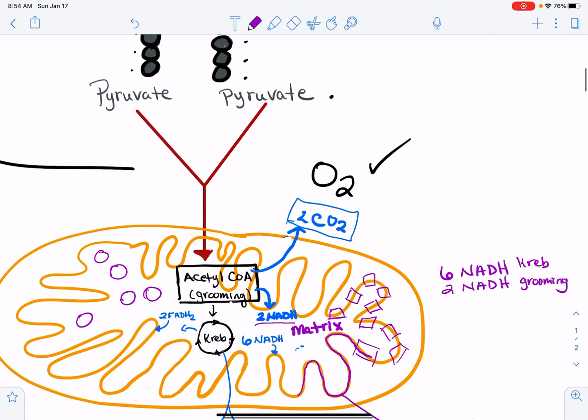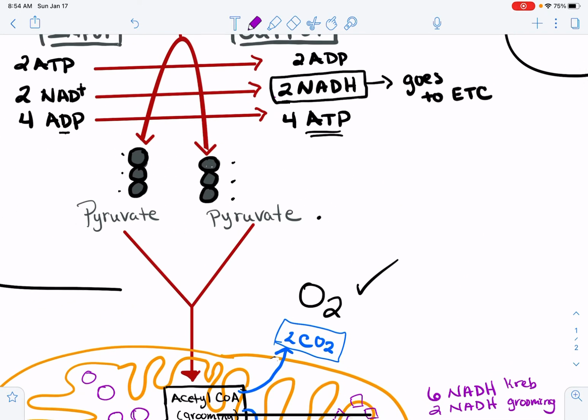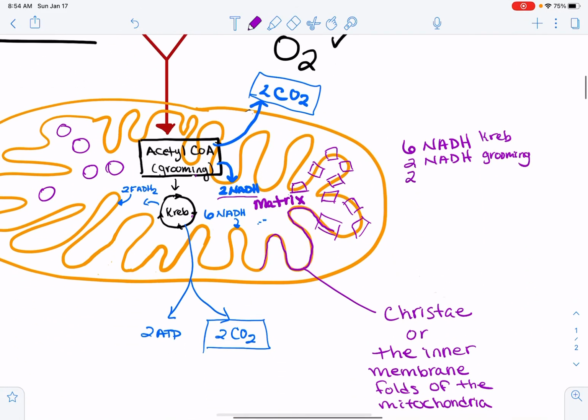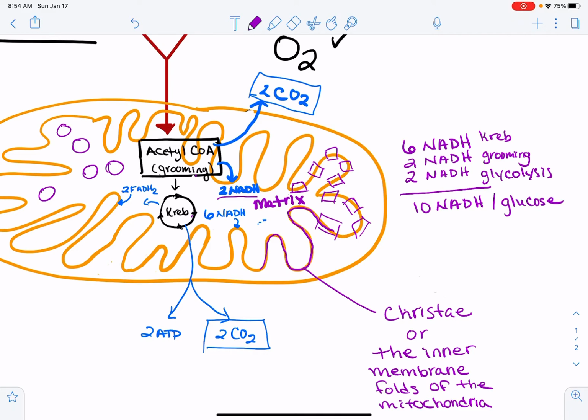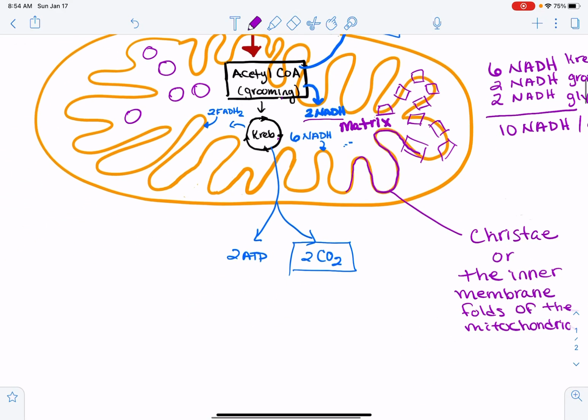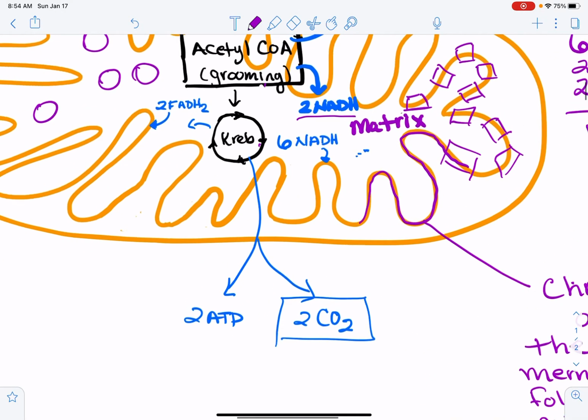And we have our 2 NADH from glycolysis. So that gives us a total of 10 NADH per glucose molecule. If we look at our FADH, we only have 2, and it's coming from the Krebs cycle.